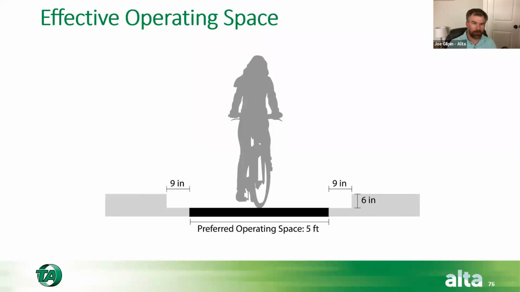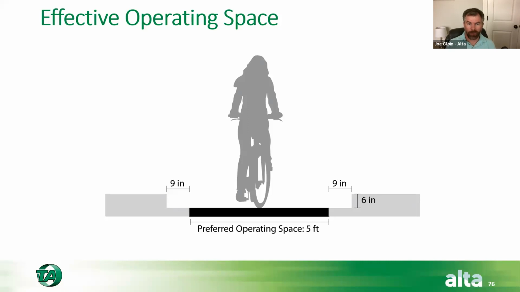Now you could also have curbs on both sides. And again, I typically want 7 feet as a minimum for these type of cattle chute type facilities. And they're no longer cattle chutes once you hit 7 feet, because you can have that side-by-side riding, you can have the passing, and you have compatibility with different types of users, so scooters and other types of micromobility devices.